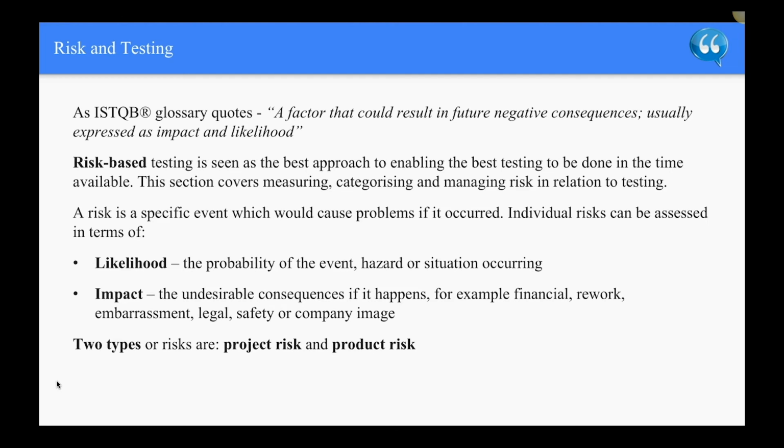For example, financial, rework, embarrassment, legal, safety, or the image of the company. So we're going to be talking in the next slide. There are two types of risks: project risk and product risk.